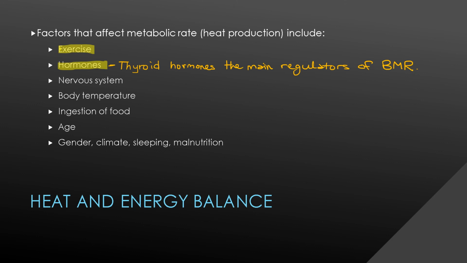The nervous system is another factor that affects our metabolic rate. So during exercise or in a stressful situation, the sympathetic division of the autonomic nervous system is stimulated, releasing epinephrine and norepinephrine, which will both increase the metabolic rate of cells.